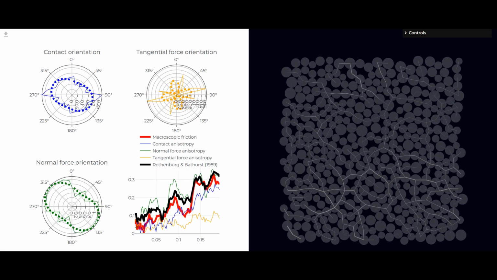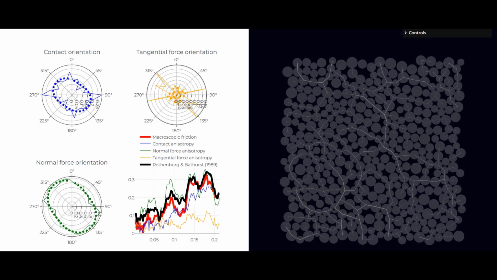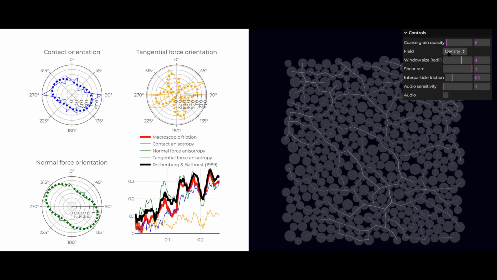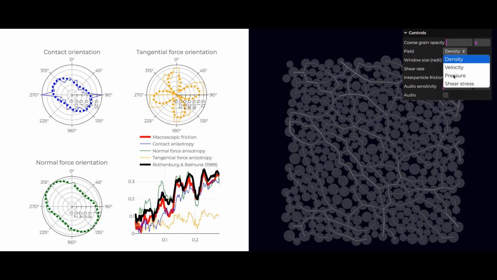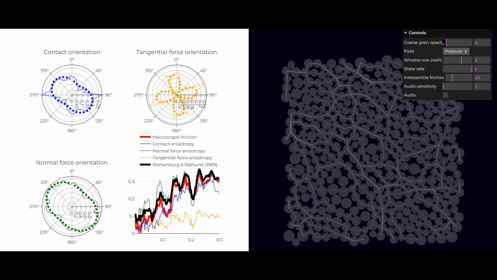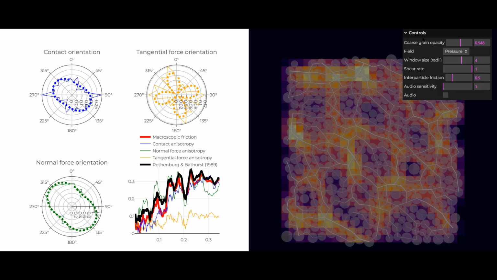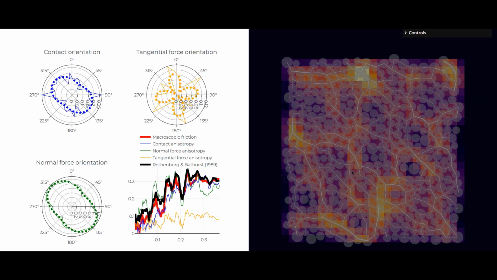Important integral parameters are analyzed here at the bottom right in this left white panel. Next to anisotropy parameters, which we will highlight later, this is the macroscopic friction parameter shown here in red.